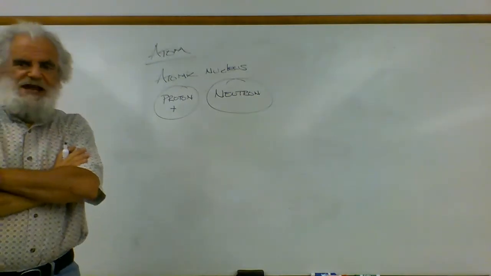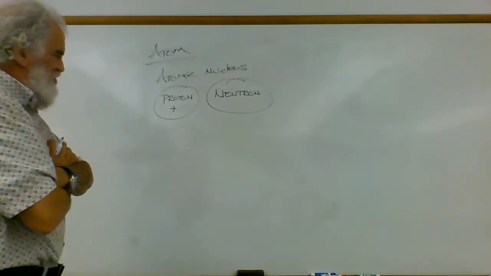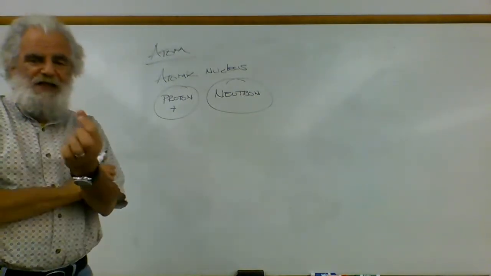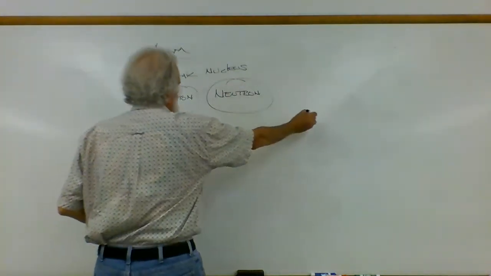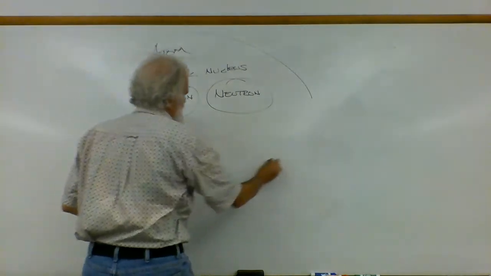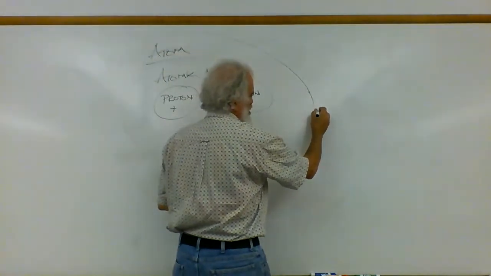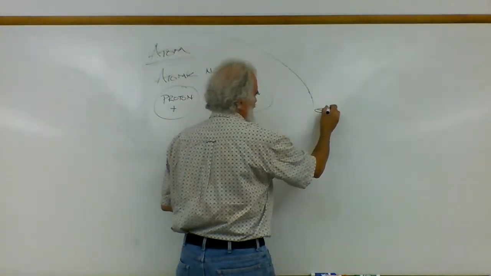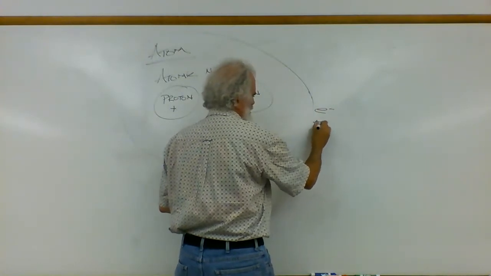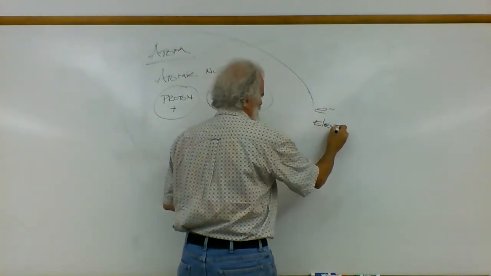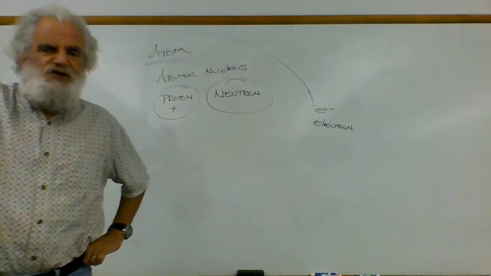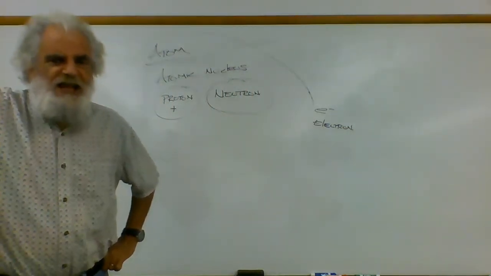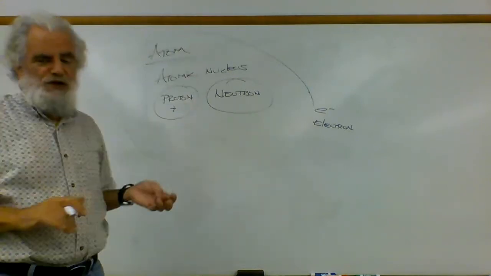Now, these two particles are at the core of the atom, and then surrounding this is going to be another charged particle called the electron. So the electron is a negatively charged particle, and it is zooming around the atomic nucleus.